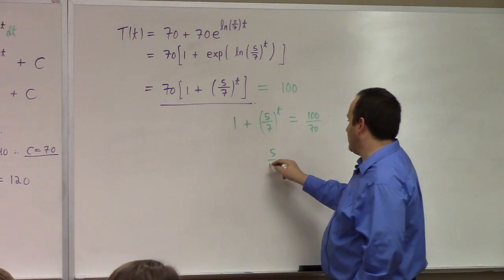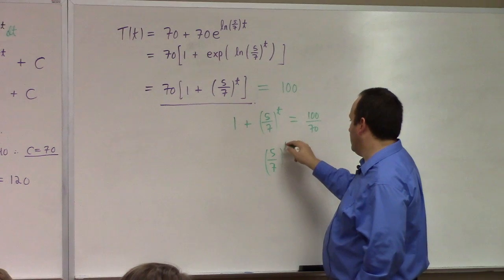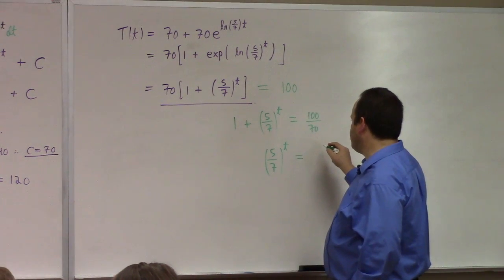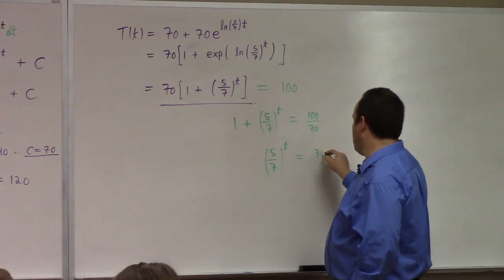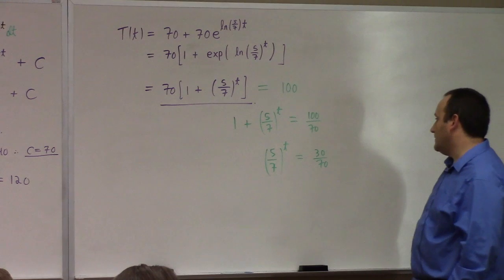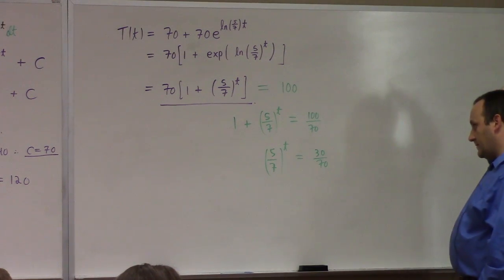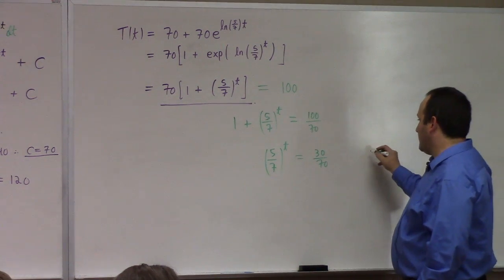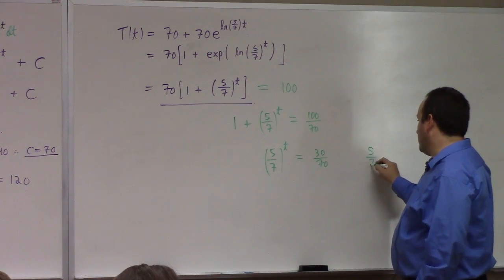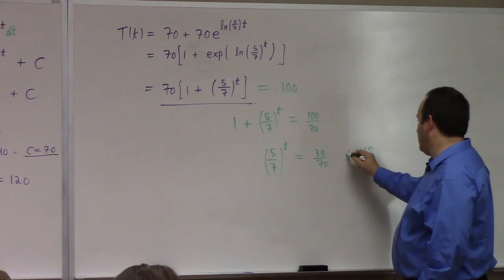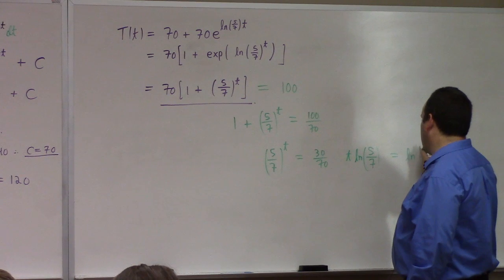So that would give you 5/7 to the t is equal to, let's see here, 30/70ths, is that right? Yeah. And then take the natural log of both sides. We get the natural log of 5/7 times t is equal to the natural log of 3/7.